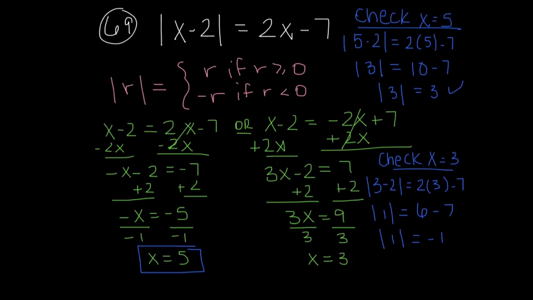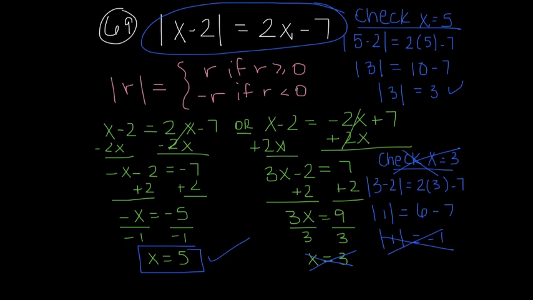Well, the absolute value of a number is never negative, so this does not work. This is not true. Since plugging 3 in for x makes a false statement, then I have to throw out 3 as a solution. The only solution to this particular problem is x is equal to 5. Please don't forget to check whenever you have variables both inside and outside the absolute value.